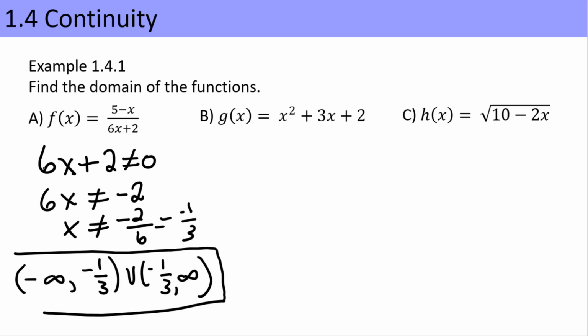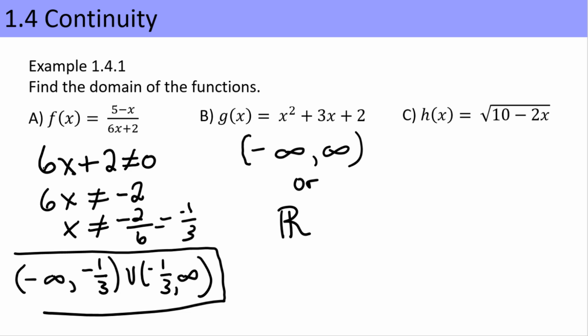This is a polynomial function with neither of these things, so the domain is the entire number line, in interval notation that's negative infinity to positive infinity, or you could just as well express it using the mathematical symbol for the set of reals. And part C, h of x equals the square root of the quantity 10 minus 2x.